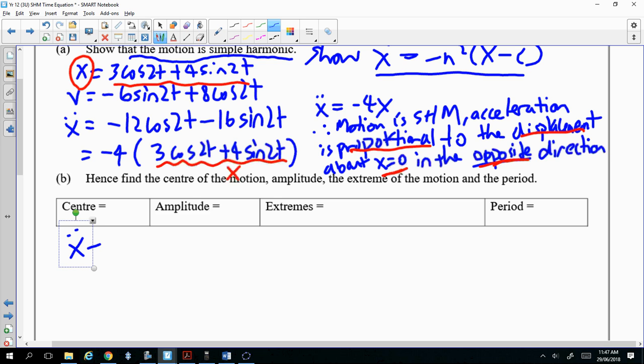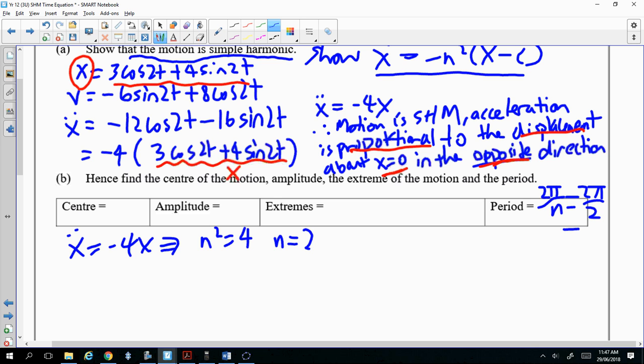The period is pi. And also from this, I can work out the center of the motion, which is 0, because there's just x minus c, c is 0. The two things we can't work out are the amplitude, and the extreme because we don't know what the amplitude is. If we know the amplitude, I could work out the extreme.